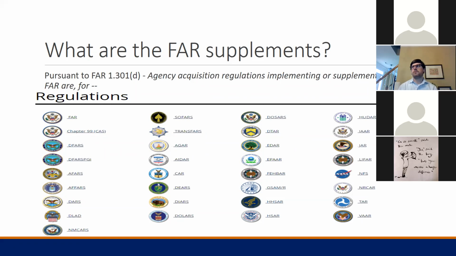In the university research realm, it's frequently the Defense Acquisition supplement, the DFARS, Energy has its own, NASA has its own, most of those agencies that are procuring lots of goods and services, as opposed to other agencies like NSF that are much more grant focused. NSF does have its own agency acquisition supplement.